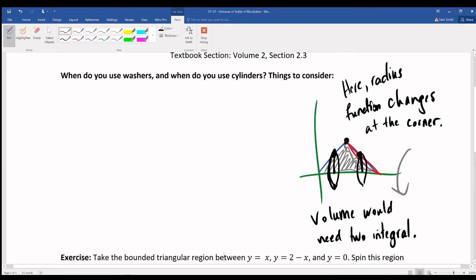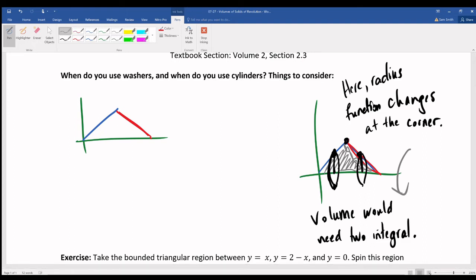Now suppose that I broke out of my comfort zone here, and decided to use method of shells instead, which meant that instead of taking a vertical bar and spinning it around, I took a horizontal bar and spun that around. What's nice about using shells in this case is that the function that's on the top and the function that's on the bottom are always consistent.